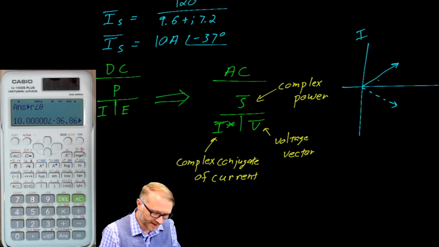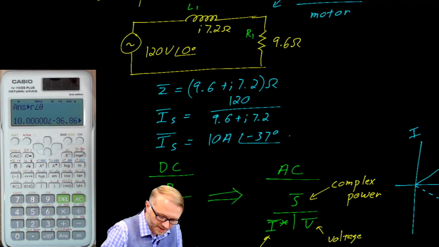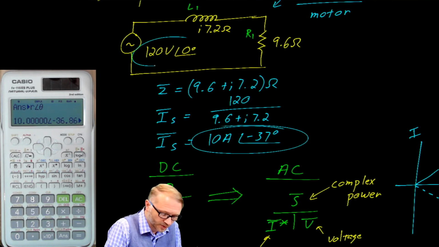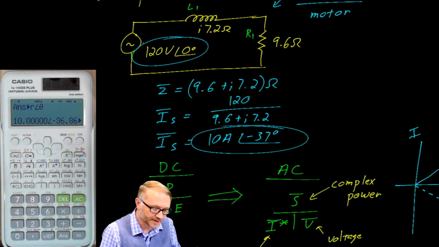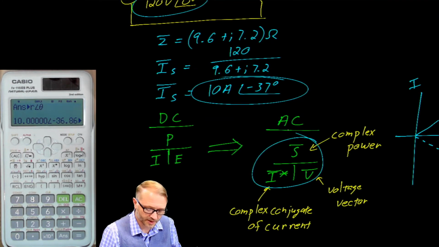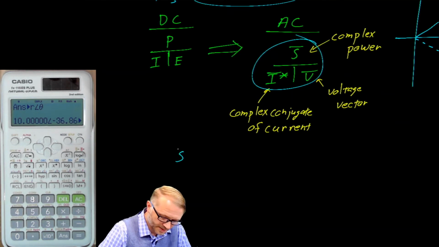So now we can go back to our problem, where we had a current of 10 amps at an angle of -37, and a voltage of 120. That's all we need to push through this equation to find the complex power for this motor. Complex power, S, is equal to the complex conjugate of the current times the voltage vector.